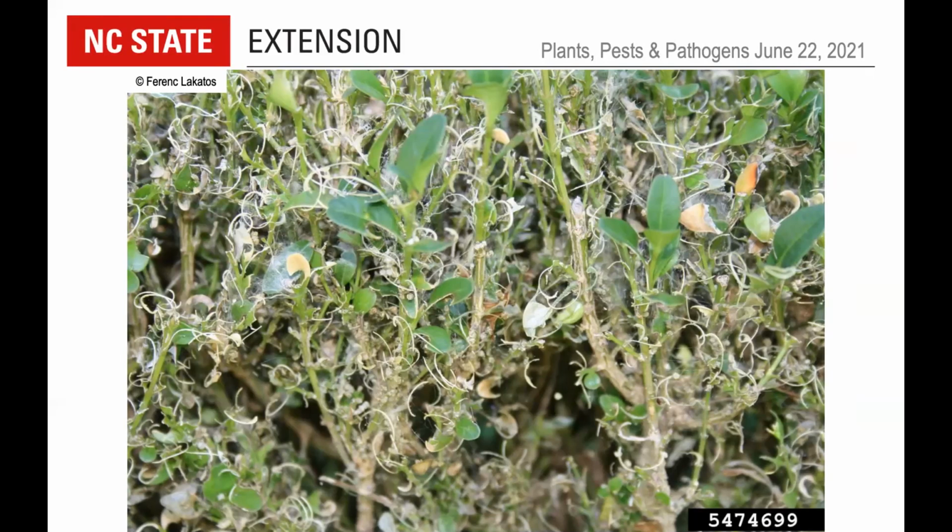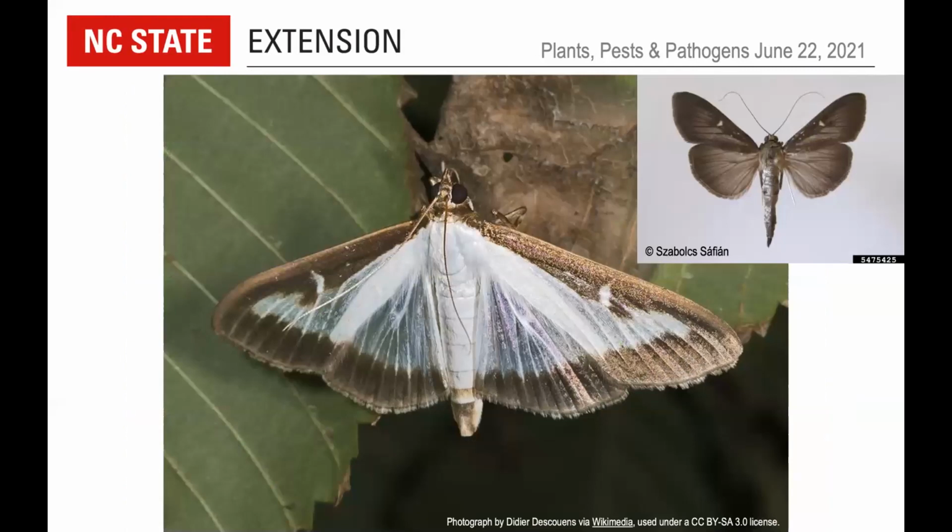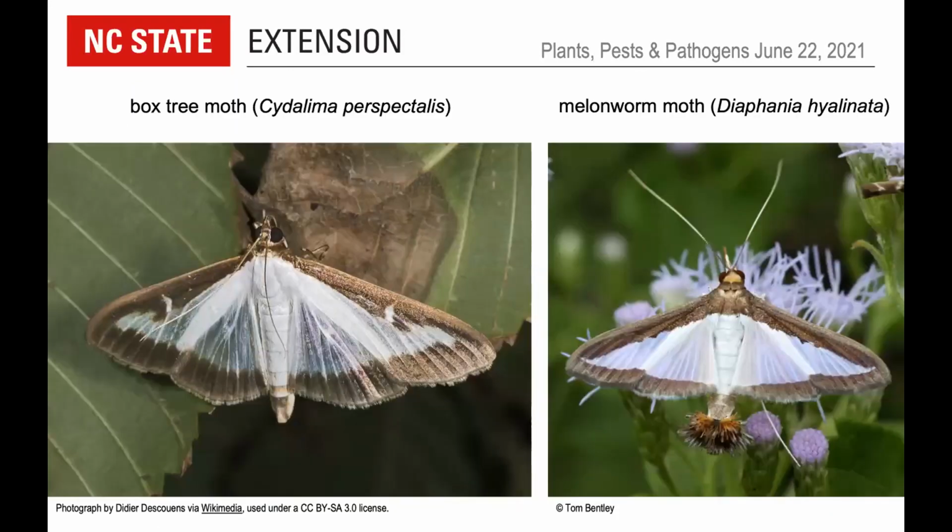Now, again, the adults are typical crambid moths. They actually have some close relatives here in the US already, many of which are non-native as well. But again, there's this light form and the dark form. So here are two similar ones.